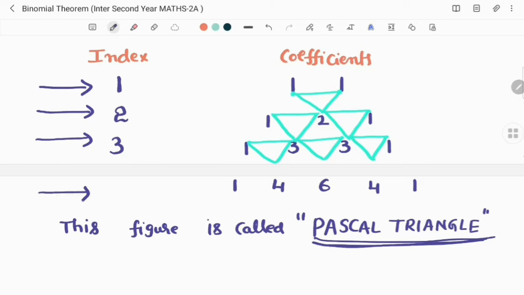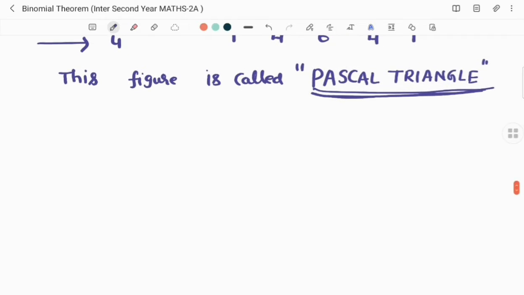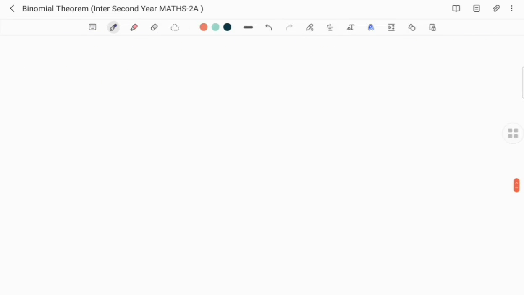In the fourth row, we'll get 5 terms. And so on, the nth row contains n plus 1 terms, we already discussed. This is about the binomial coefficients and indices. Now we will enter into the binomial theorem statement.